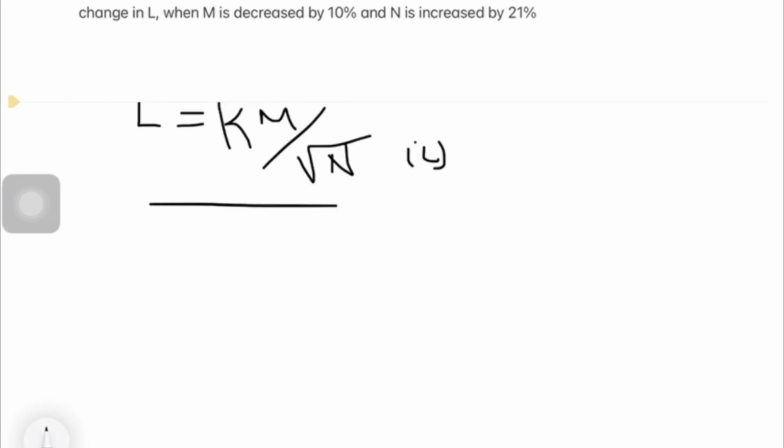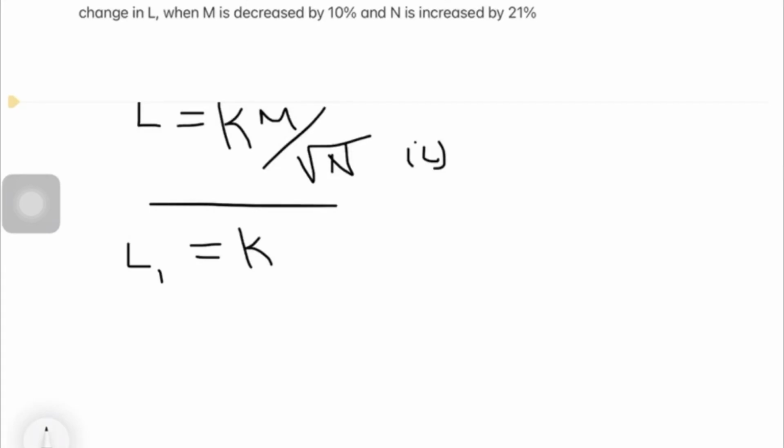We have to come up with equation 2 with these changes: a decrease of 10% and an increase of 21%. So let's say now L1, our equation 2, L1 is equal to k. The constant is just there. M has decreased by 10%.